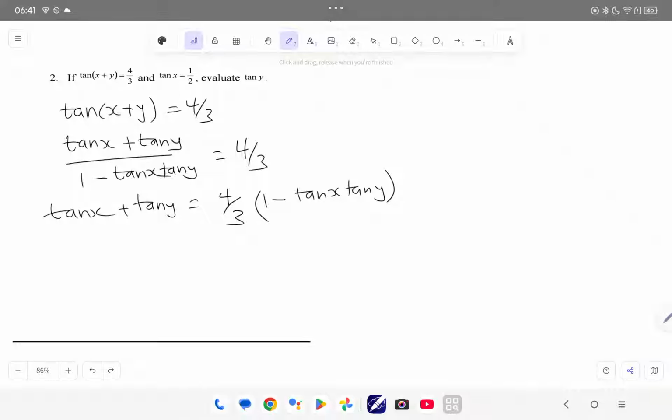Now we put the value of tan x as a half. We have a half plus tan y. Now multiplying through by 4 over 3 into the bracket, you'll have 4 over 3 minus 4 over 3 times tan x, tan x is a half, times tan y.